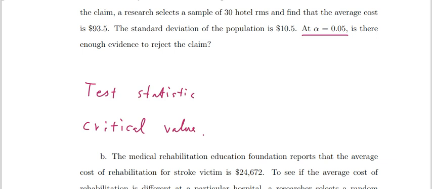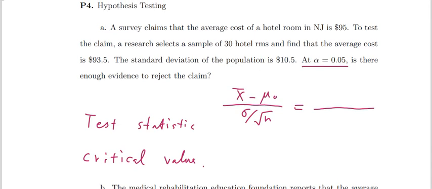The test statistic is x bar minus mu 0 over sigma or s over root n. Here we can plug in x bar, whatever the question says. X bar from a sample of size 30, so n is 30.